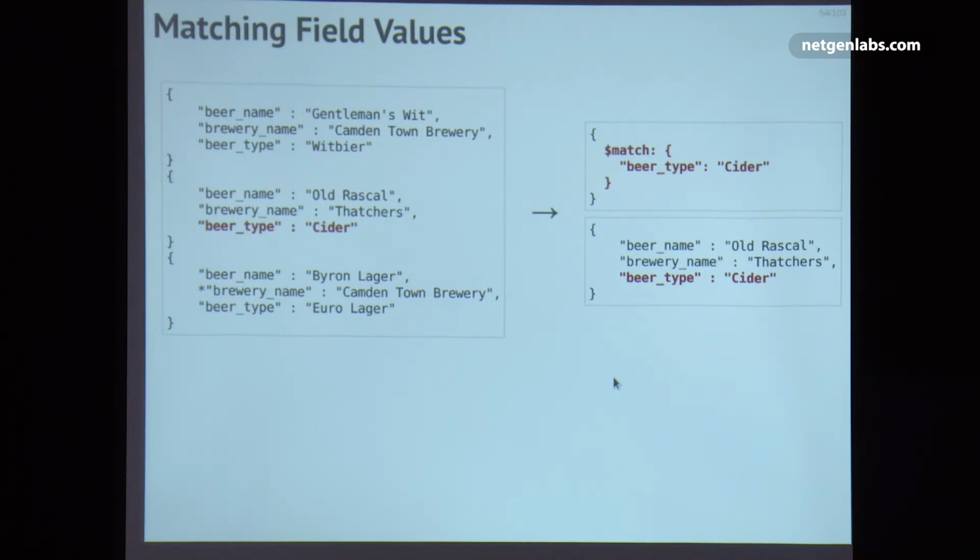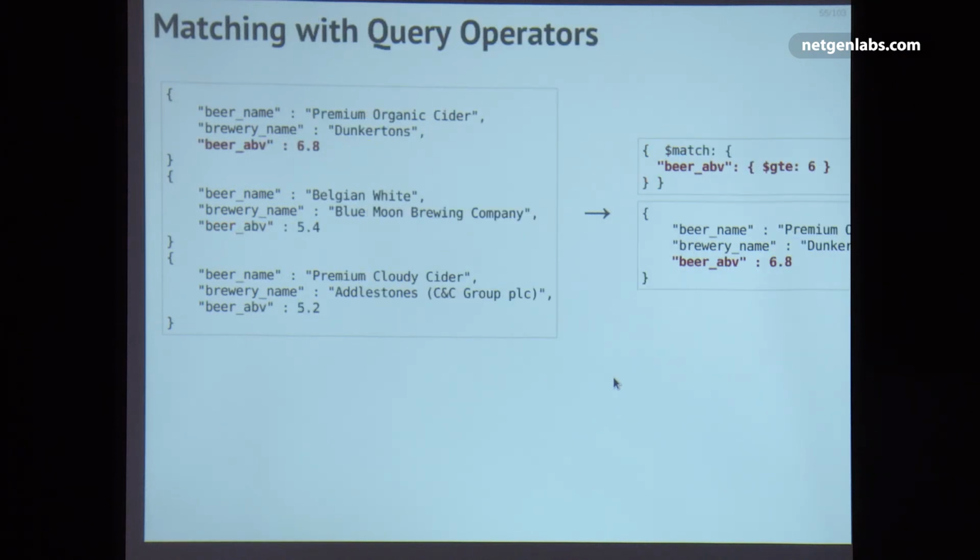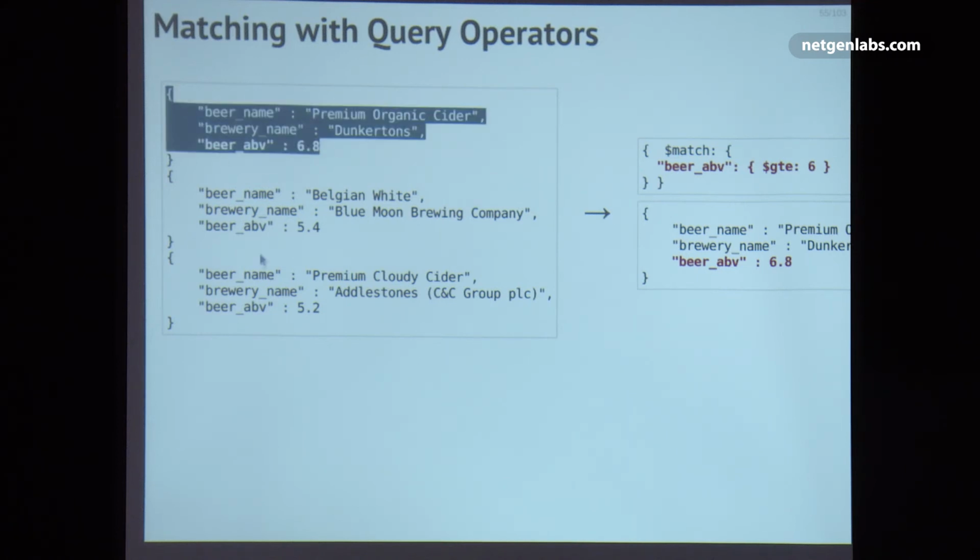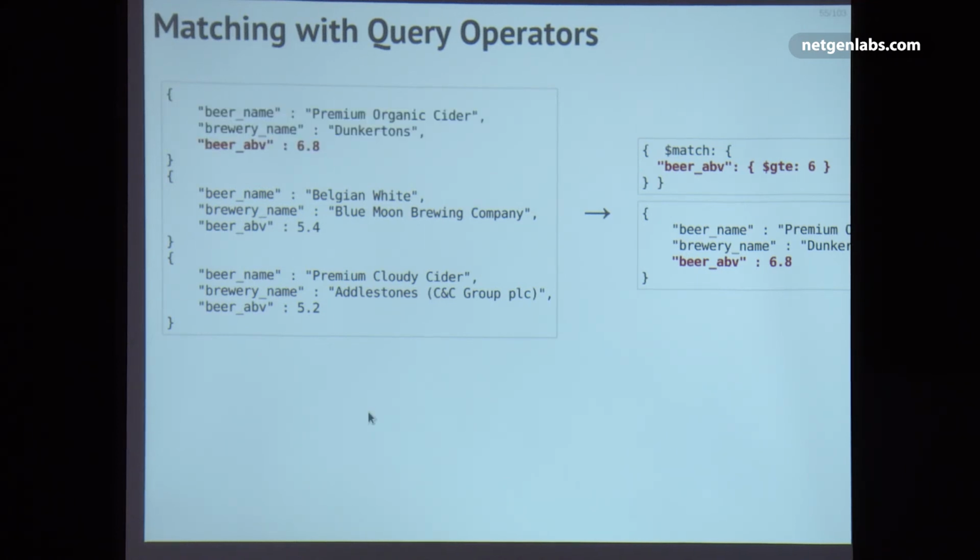You don't have to do it only as first operation. You can also do matching with query operators. So instead of doing a scalar test, you can also say find me anything larger than 6% alcohol, for example. And in this case, it would only find this cider and not the other 2. But again, this is normal find queries.